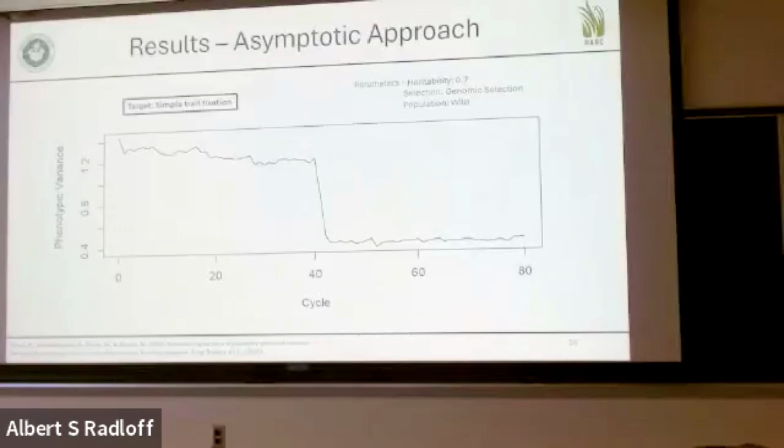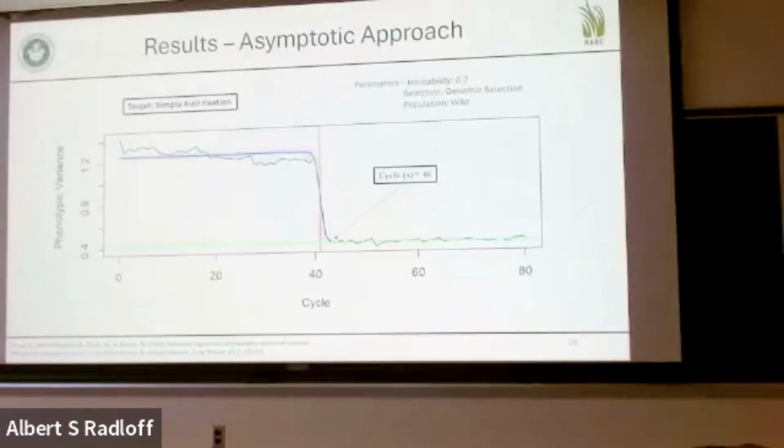And we can see that when we fit the sigmoidal curve, it fits that simulation very well. And we can identify the asymptote of where that variation is completely lost, where that curve approaches that asymptote, which was 6 generations of breeding. So for genomic selection, because I was training my populations every other generation, this is 3 years.